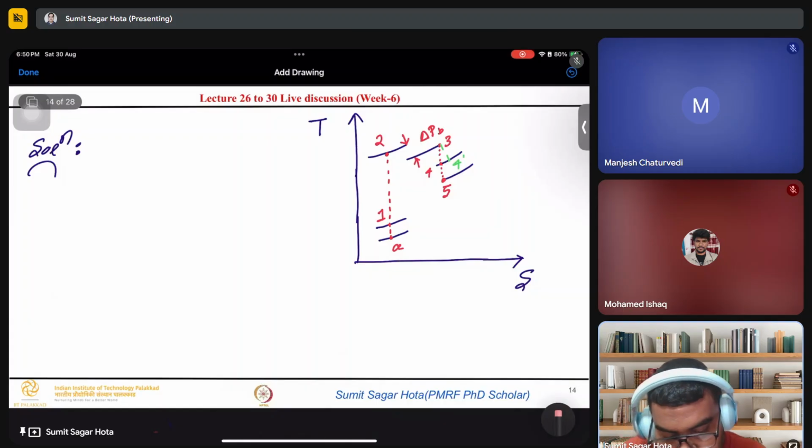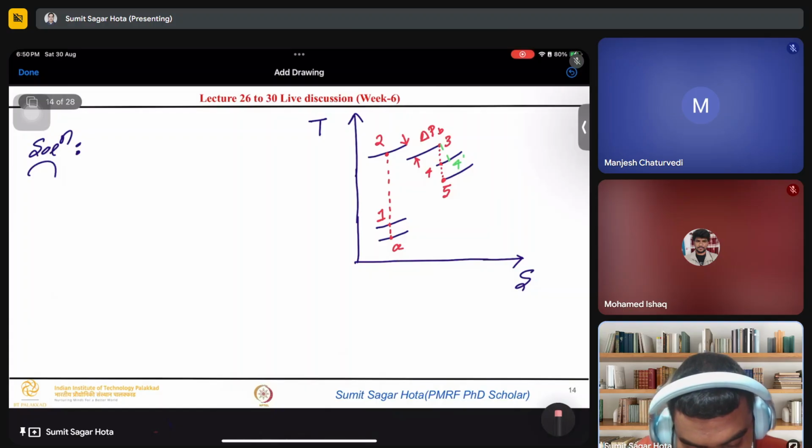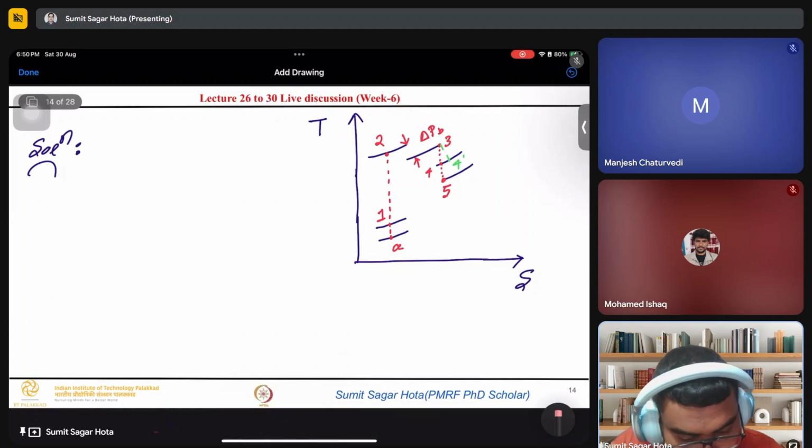So let's just start solving. Let's find out one term called the stagnation condition after the intake.